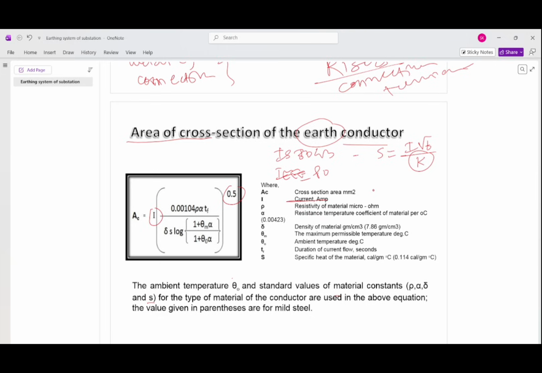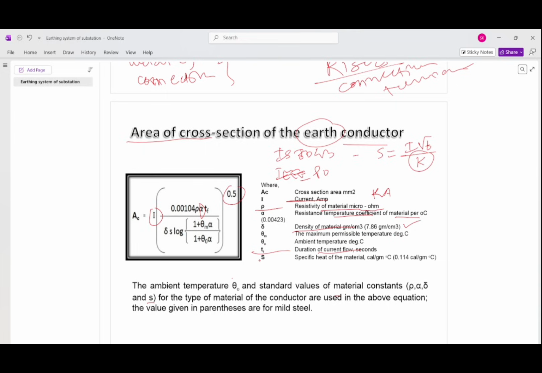in kiloampere. Rho is the resistivity of the material in micro ohm. Alpha is the temperature coefficient of resistance of the material. Then TF is the duration of the fault current. Then delta is the density of the material, which is also important.